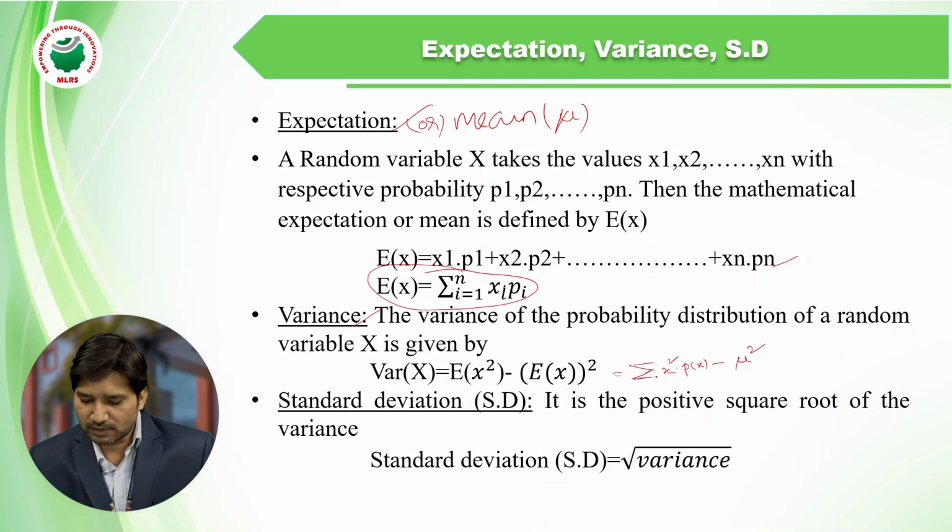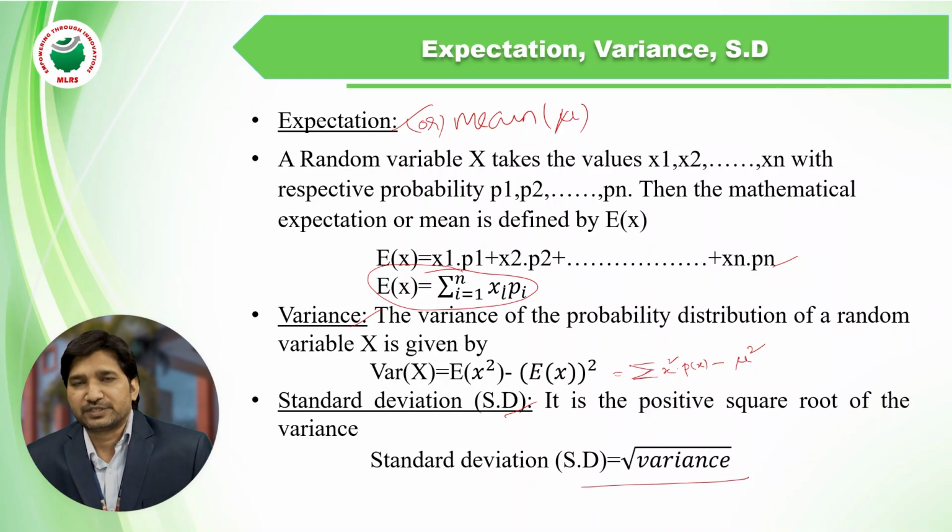This is also one of the formulas. And the last one is standard deviation. The positive square root of the variance is called the standard deviation. So standard deviation equals the square root of the variance. These are the important formulas for a discrete random variable: expectation or mean, variance, and standard deviation.